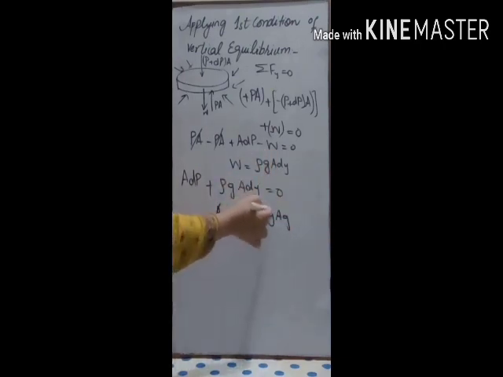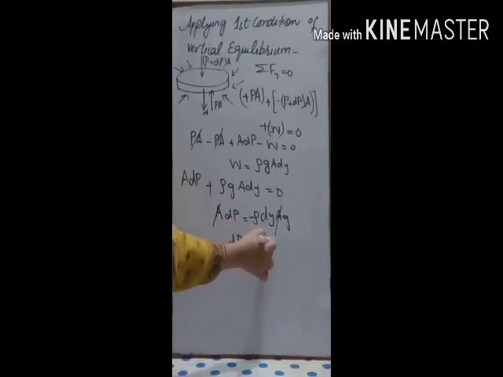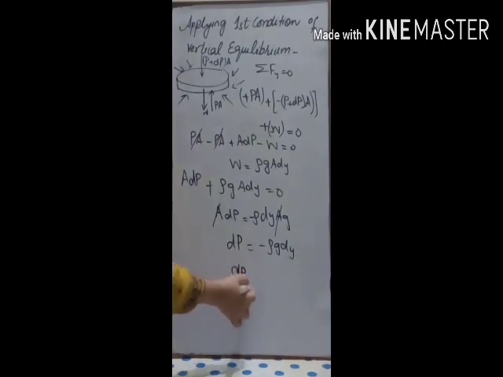Cancelling A and A on both sides, we get dP is equal to minus rho G dy. From here, dP over dy is equal to minus rho G.